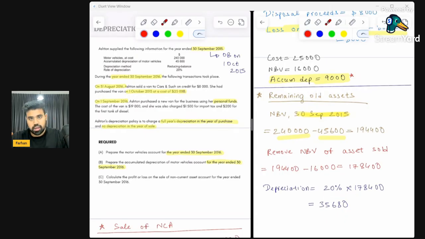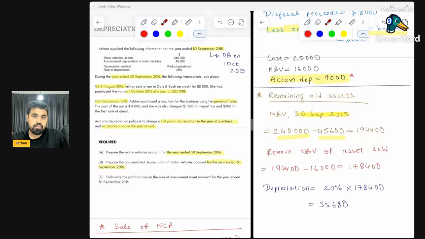So let that sink in for a moment. Okay. I'll just do a quick recap of what really happened here. So at 30 September 2015, we were given cost of 240,000 and accumulated depreciation of 45,600. Using these two numbers, we can find the net book value, which is the net book value for all old assets, right?